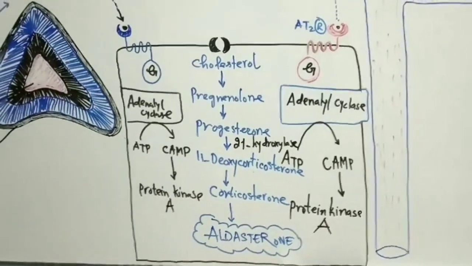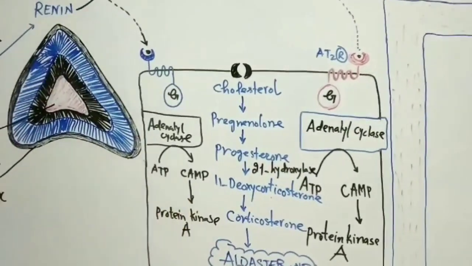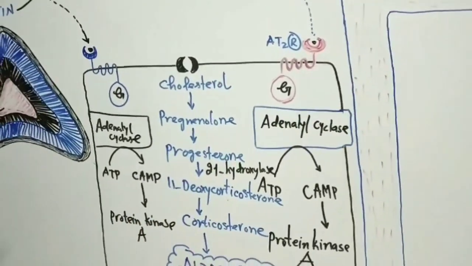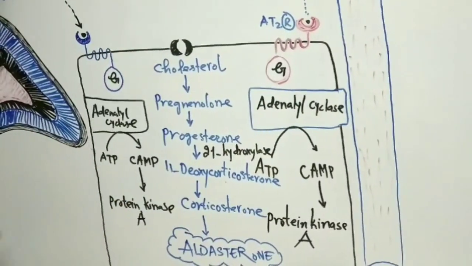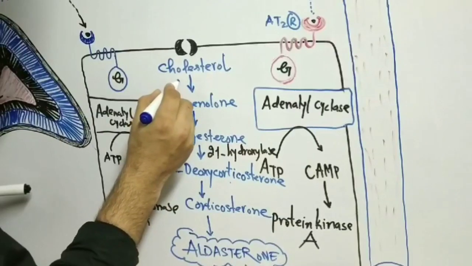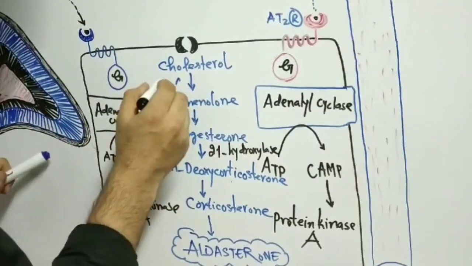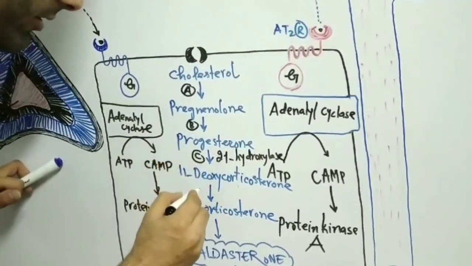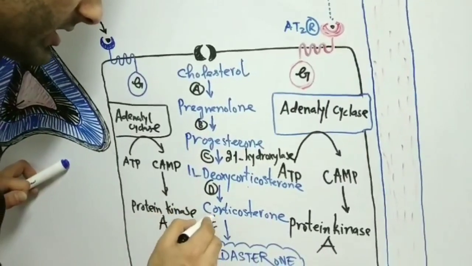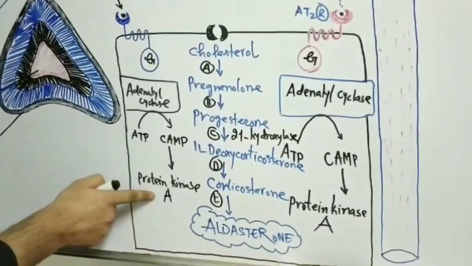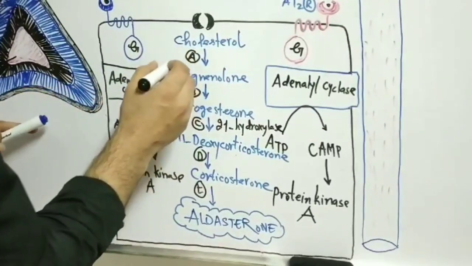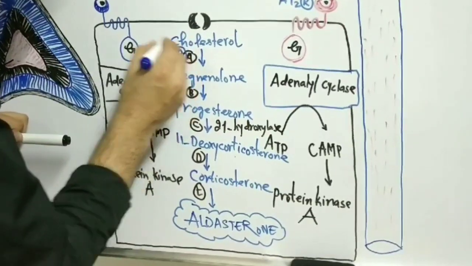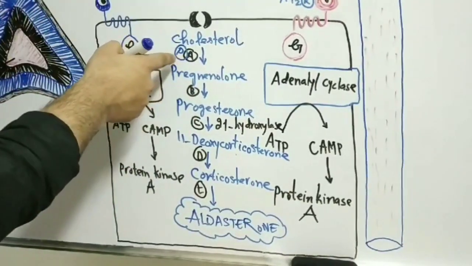I have not mentioned the function of the protein kinase A. Let me tell you the function of protein kinase A. Suppose here is enzyme A, here is enzyme B, here is enzyme C, here is enzyme D, here is enzyme E. The protein kinase comes here and adds phosphate to this enzyme. We can say it phosphorylates this enzyme.